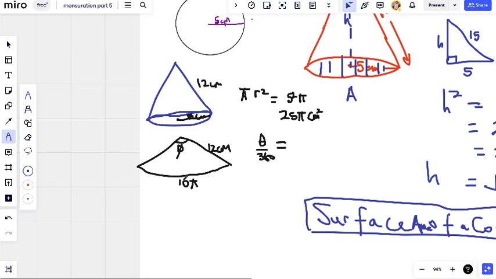This arc length was equal to the base circumference, not area, base circumference. So this arc length is always used to make the base circumference. So we can say equal to 10 pi over the base circumference. What was the base circumference? 25 pi, right? Over 25 pi.